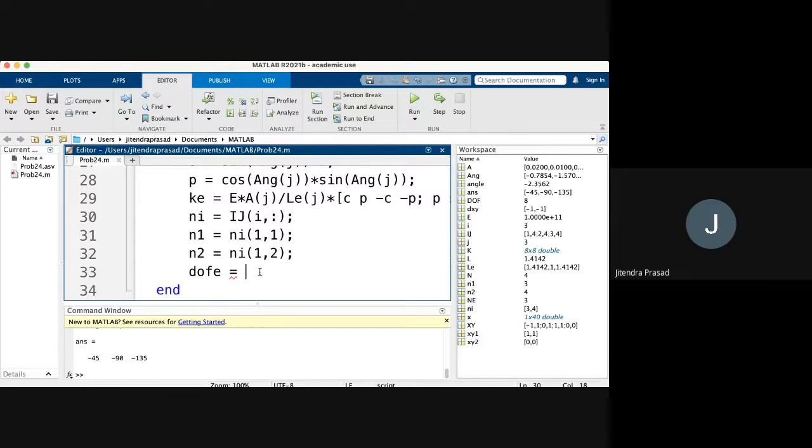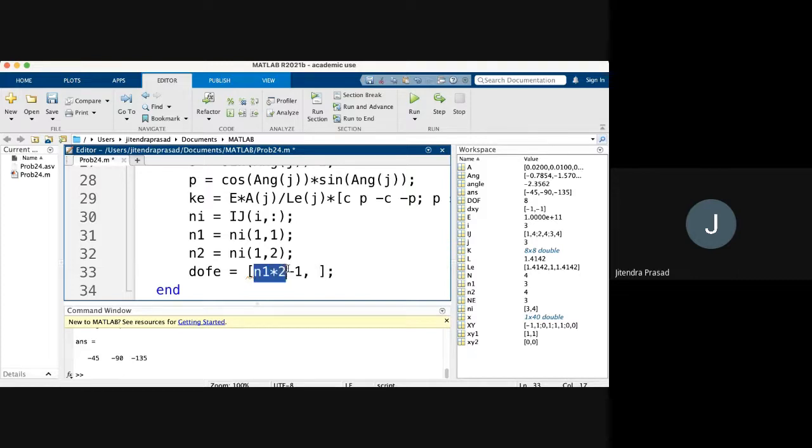So degree of freedom will be equal to, first node is n1, second node is n2. So that means what? N1 multiplied by 2 minus 1 is the first degree of freedom.